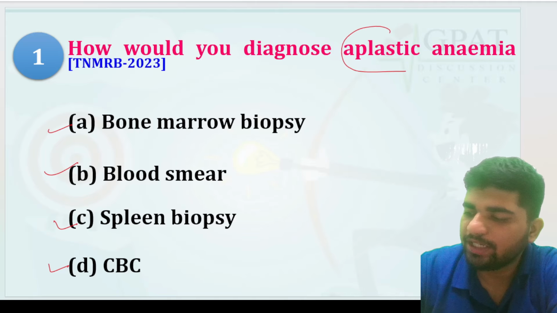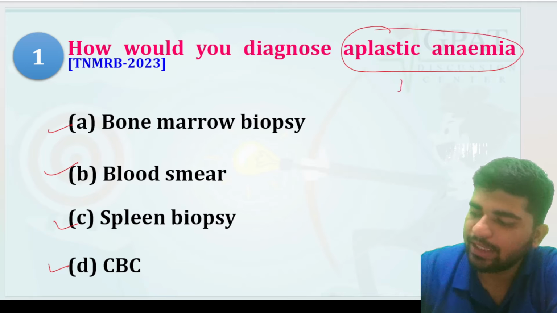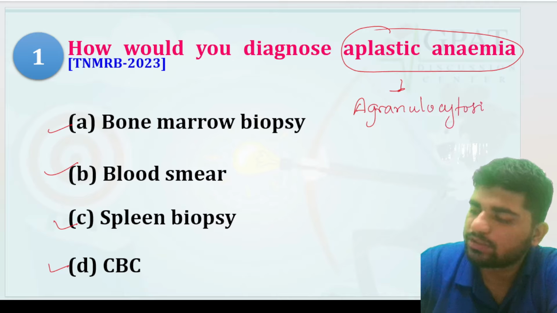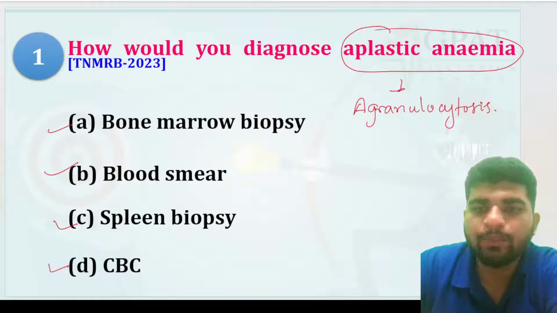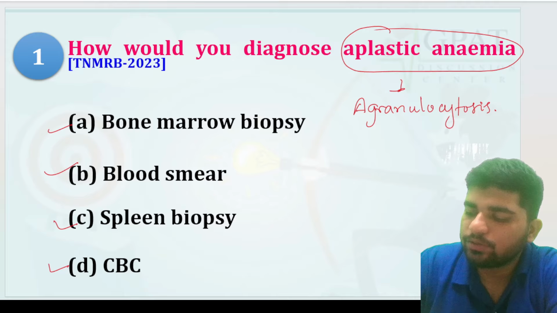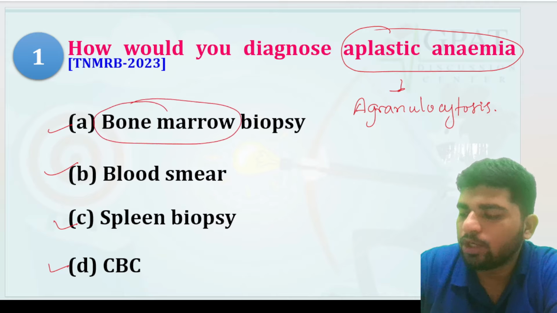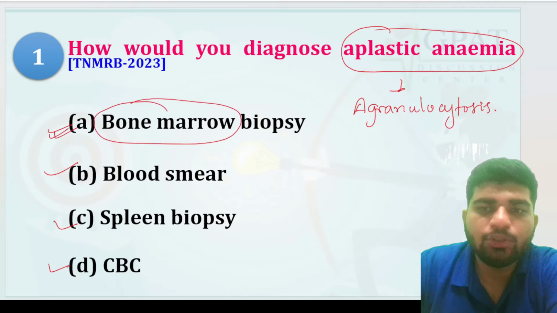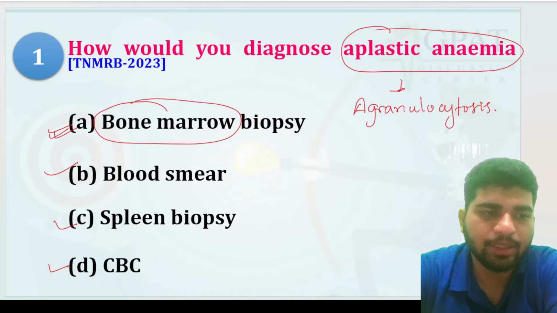Aplastic anemia is generally characterized by agranulocytosis. These granulocytes are produced in the bone marrow, so a bone marrow biopsy should be done to diagnose aplastic anemia.